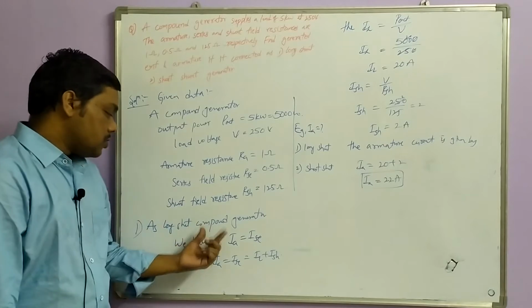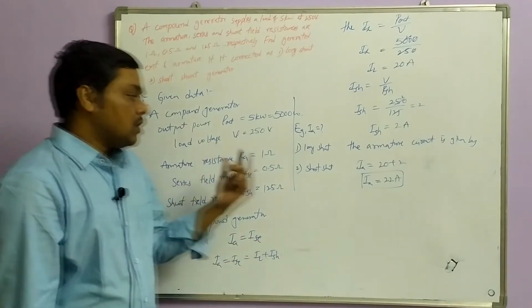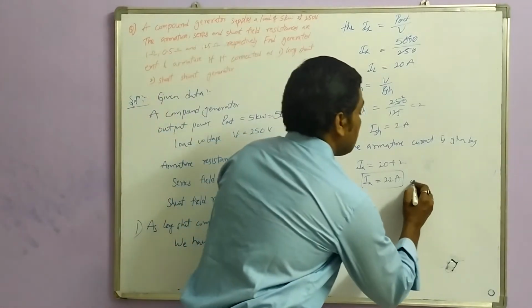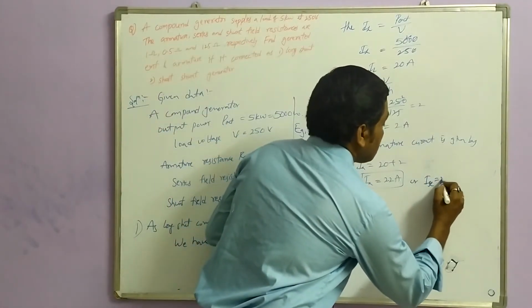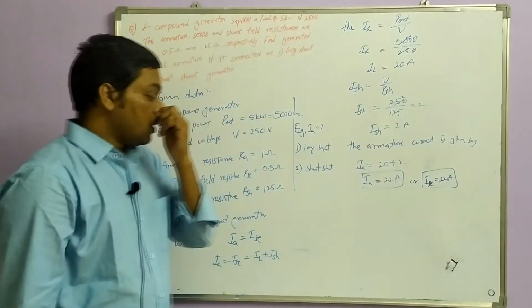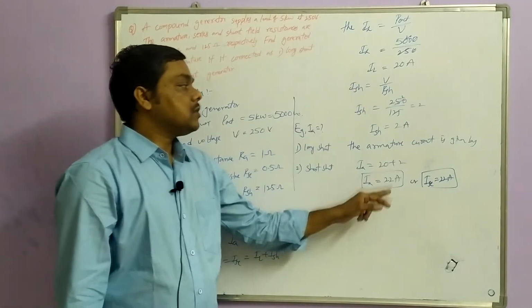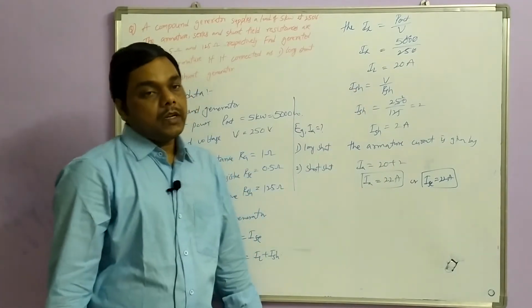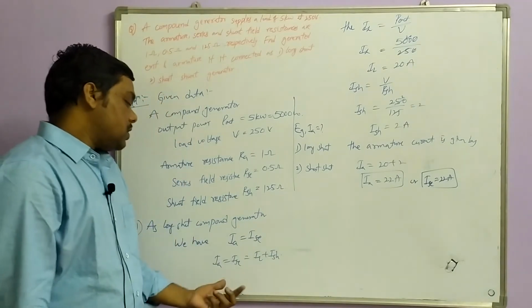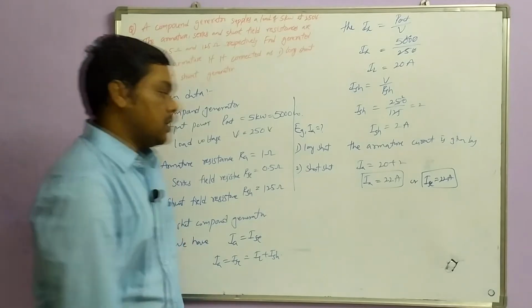Since it is a long shunt, armature and series windings are both in series, so the armature current is also equal to series current, which is 22 amperes. And the load current and shunt current are determined similar to a shunt generator. Then what is the generated EMF in this long shunt compound generator?